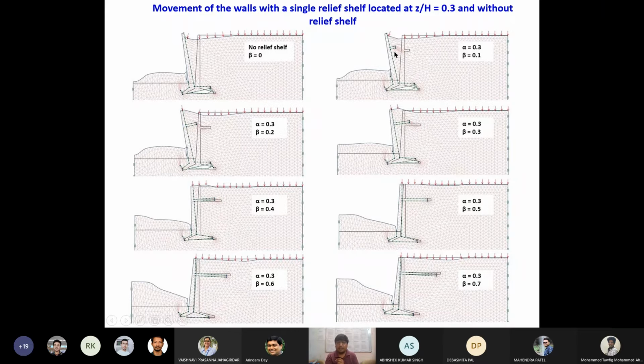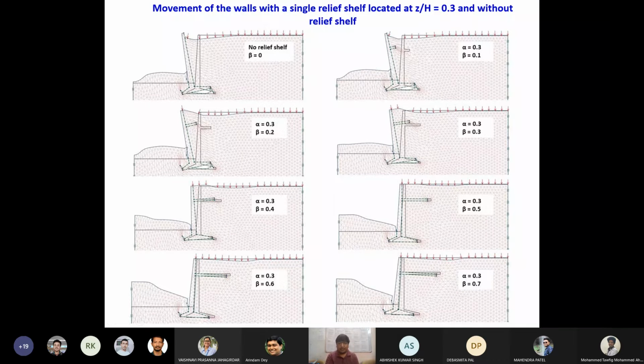Once you introduce a relief shelf, with all these pictures drawn on the same scale, the wall has a lesser tendency to move away from the backfill. And once we keep increasing the relief shelf, you can see the wall is not going much away from the backfill.